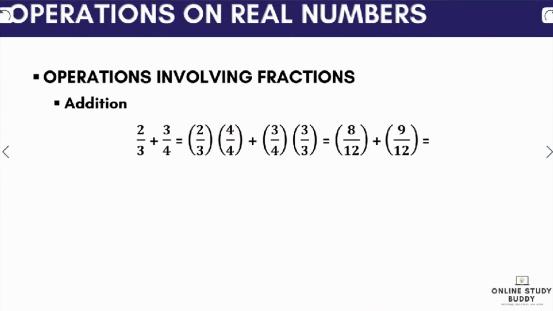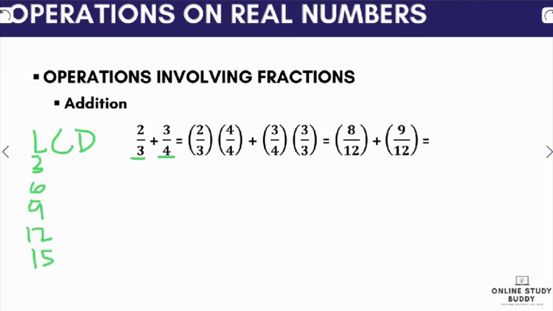Next. So now, if we have fractions na magkaiba yung denominator, yung tinuro sa atin dati nung grade school ay to find yung least common denominator. So how do we find yung least common denominator? Basically, we just list yung multiples ng mga denominator natin. So first, we're gonna list yung multiples ng 3. So let's start with 3, 6, 9, 12, 15.